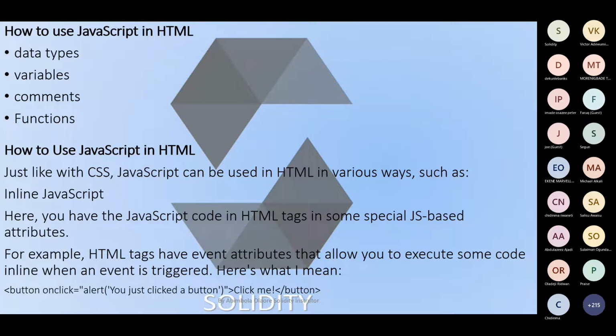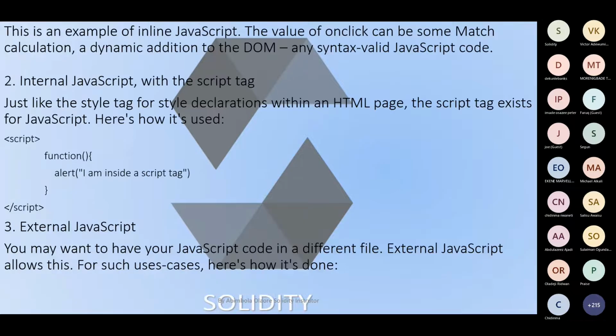So you see the double quote at the back. Click me, with exclamation mark, slash the button. This is an example of inline JavaScript. The value of onClick can be some math calculation, a dynamic addition to the DOM, any syntax-valid JavaScript code.